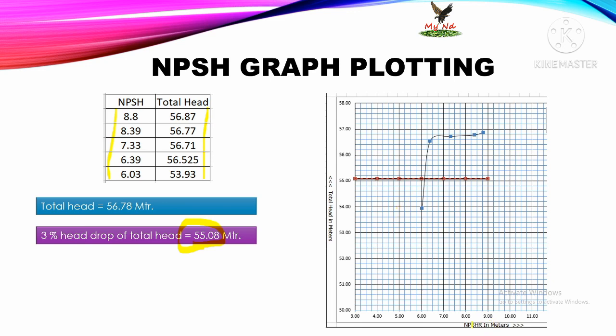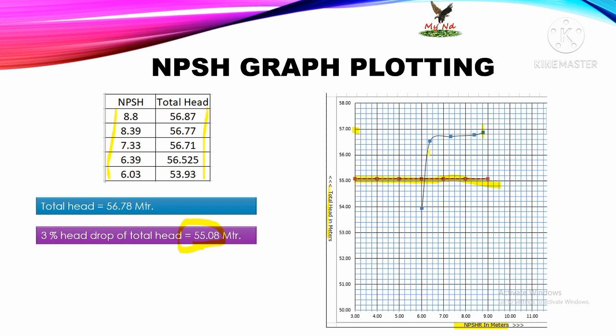This is NPSH-R versus total head. You can look here: at the x-axis 8.8, y-axis 56.87. You plot all the points, and the 3% head drop is 55.08 on the y-axis.